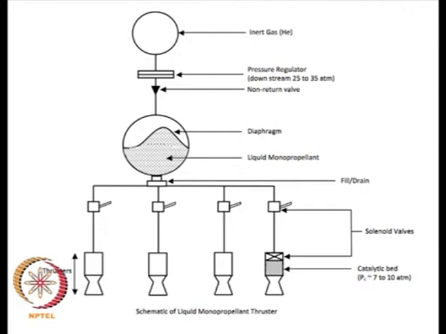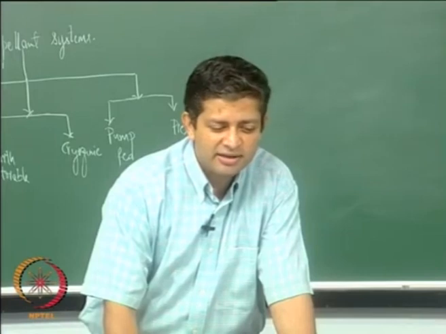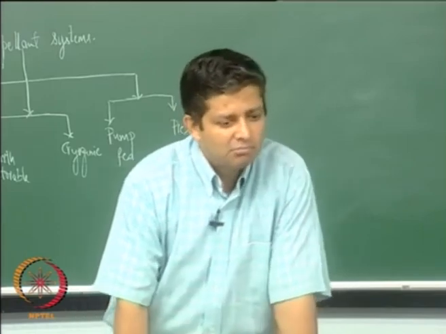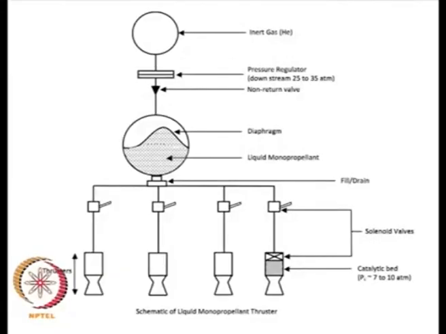So, you pressurize it with an inert gas, either helium or nitrogen. If you use helium, it is very obvious that helium has a lower molecular weight. So, even if you have a very large tank, the molecular weight being low for helium, the weight of the gas in this tank will be lower.